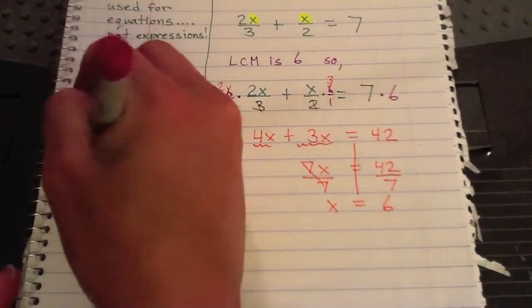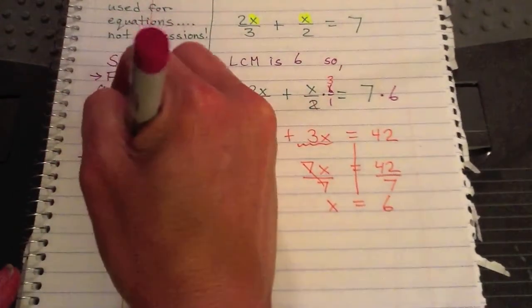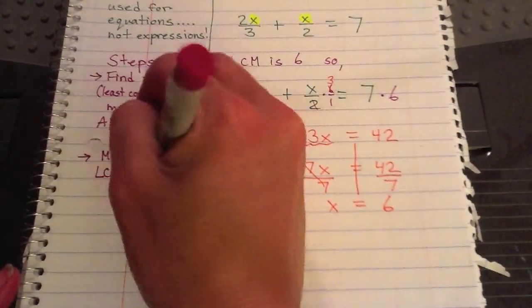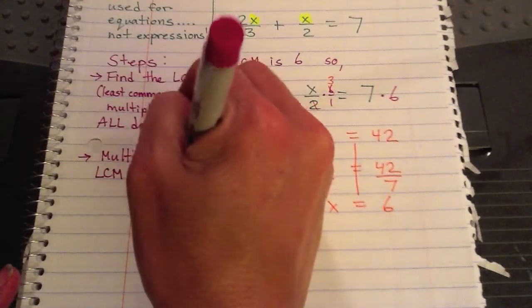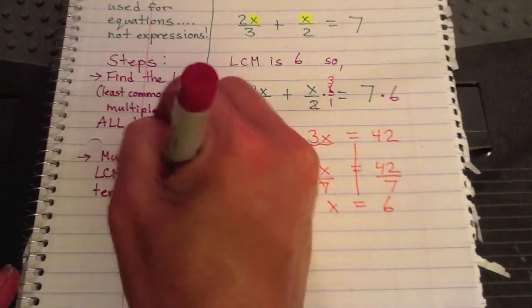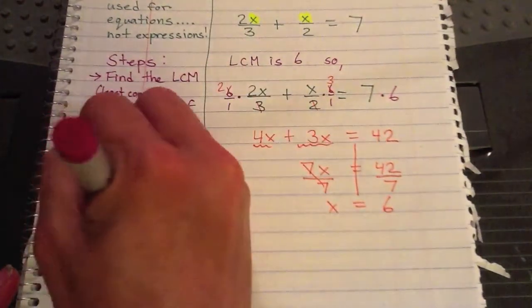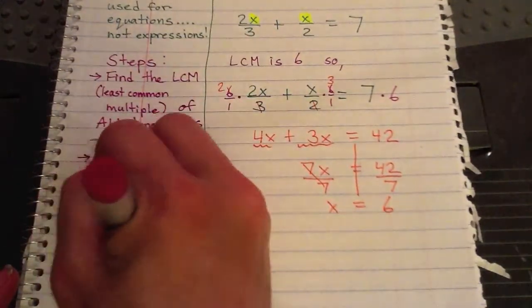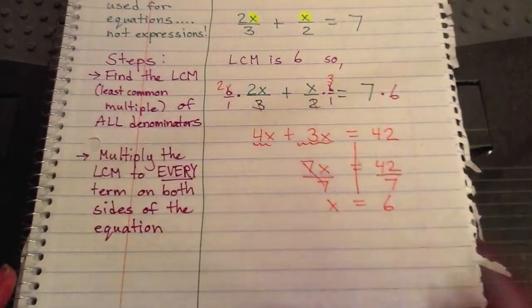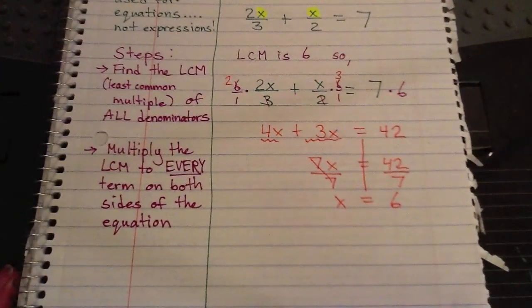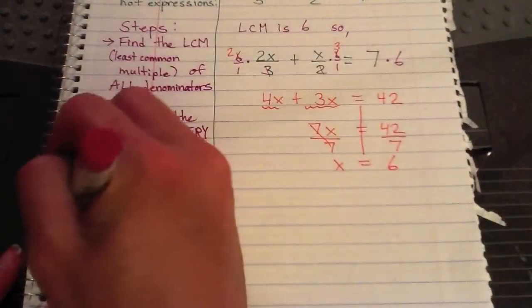Then you're going to multiply the LCM to every term on both sides of the equation. And it doesn't matter if it's a whole number, if it's just a variable, whatever it is, if it's a term, you're multiplying by that. Okay, and here's the key.